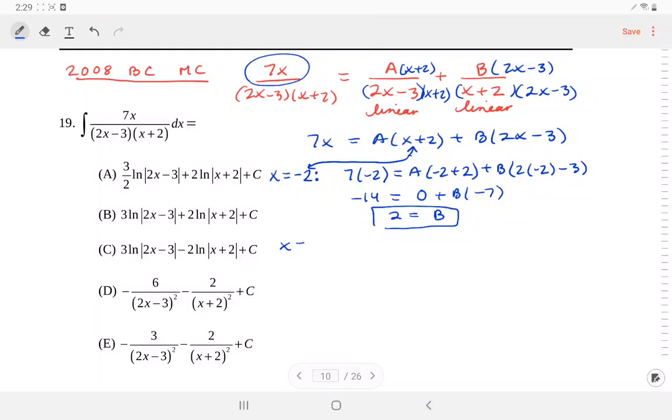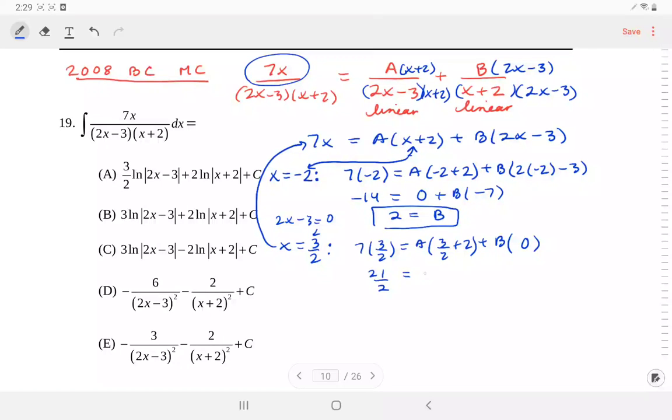And then I label the next one. So x equals 3/2. I picked that because that's what makes 2x minus 3 equal to 0. And then I substitute it into this step. So that's 7 times 3/2 equals a times (3/2 plus 2) plus b times 0. And that would be 21/2.